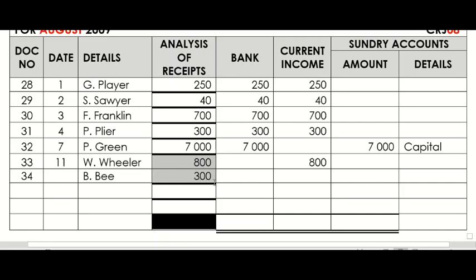Draw the thick line indicating that you will deposit the total, which is 1,100 Rand, into your bank account in the second line. And then remember, this 300 Rand that we received from BB was also for rendering a service, so it must go to current income as 300 Rand. Please don't put this 1,100 Rand in current income now. Okay, be careful. Remember, the current income amount must always be the same as the analysis of receipts amount.